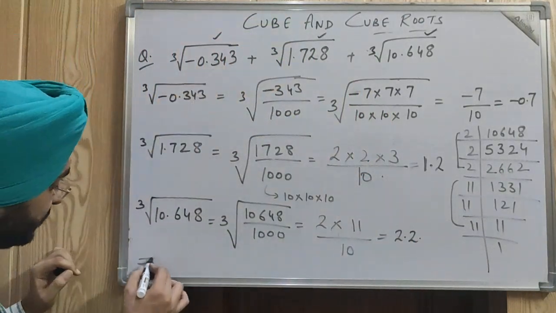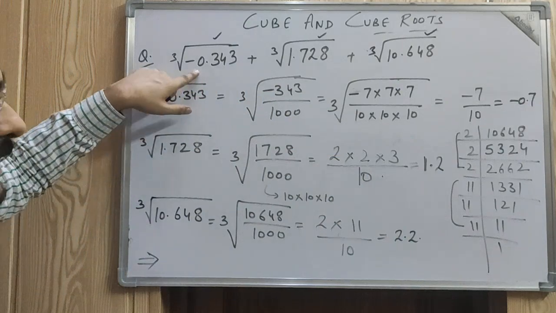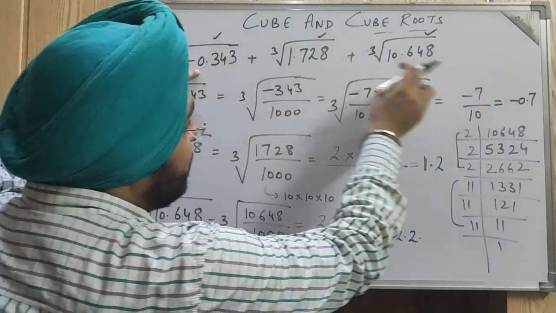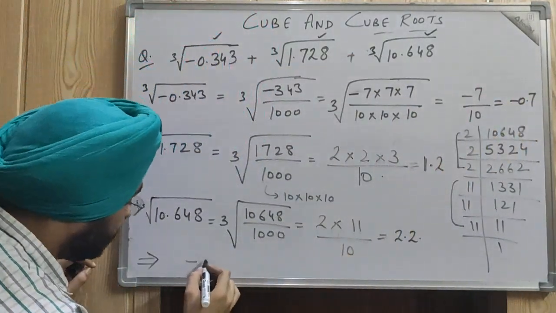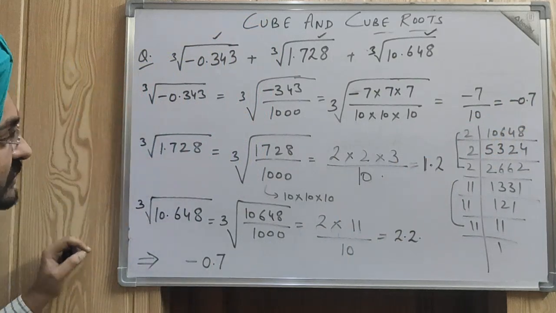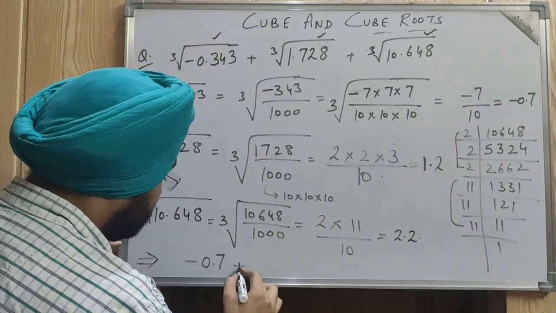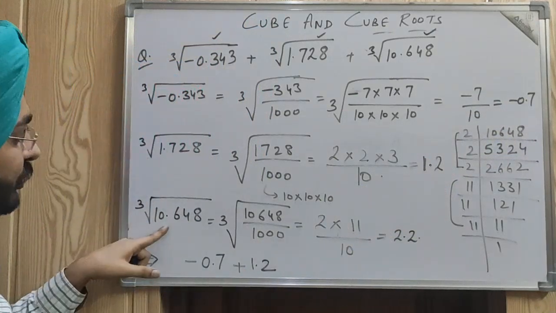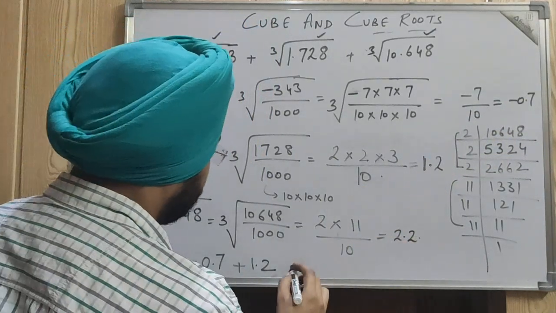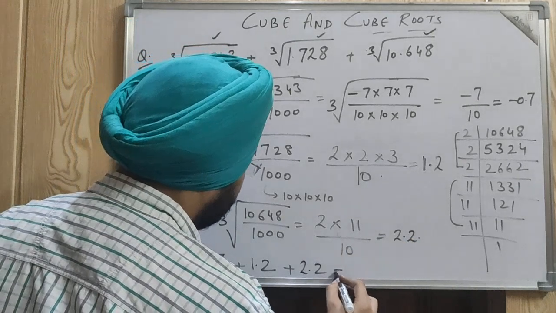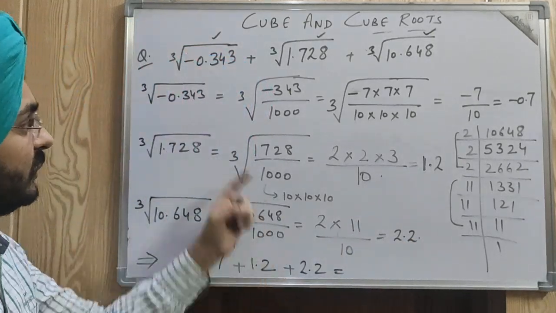Now substituting all these values here, our answer will be: cube root of minus 0.343, that is minus 0.7. I have written here minus 0.7. Cube root of 1.728, that is 1.2. Just write plus 1.2. Cube root of 10.648, that is 2.2. Just write plus 2.2. So on solving, we will get the answer.